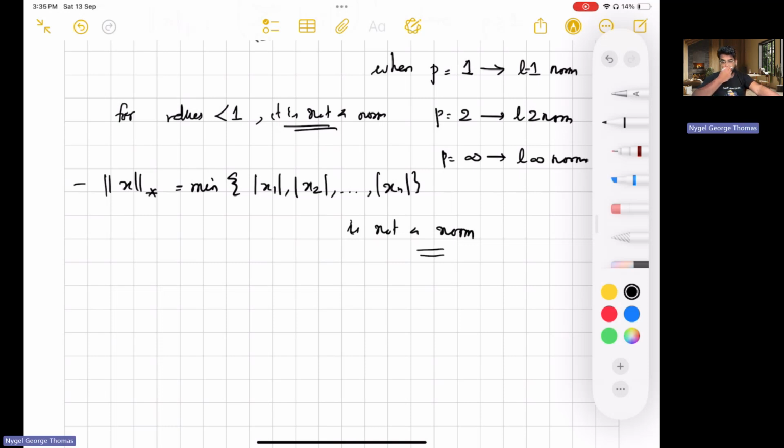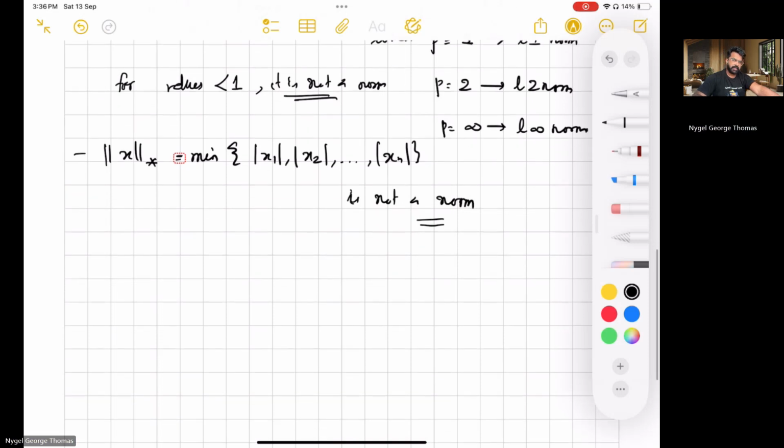One of the first things which comes to your mind here is it will not satisfy non-negativity for sure, because when we are defining minimum, if any of the components is 0, that vector need not be 0, but the output will be 0. So it does not satisfy non-negativity. Also, using a counter example, we can show that it does not satisfy the triangle inequality.